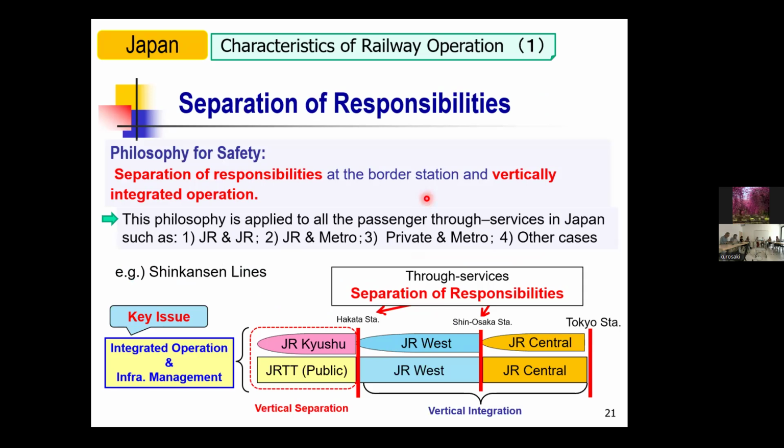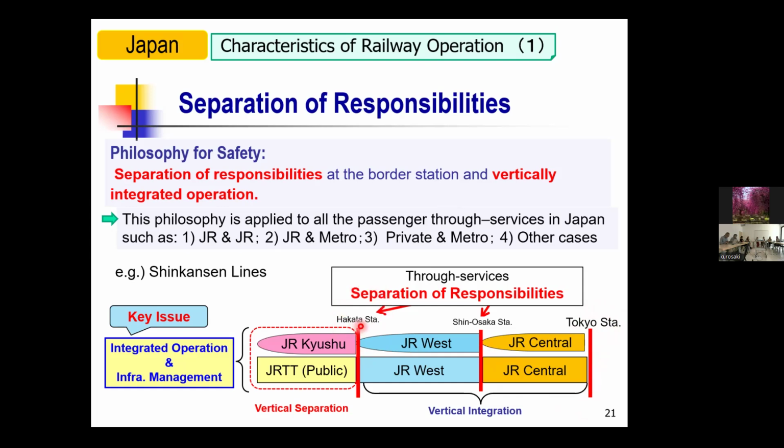This figure shows the through train services between different companies in Japan. For example, there are many direct through Shinkansen trains from Tokyo station to Hakata station in Kyushu.